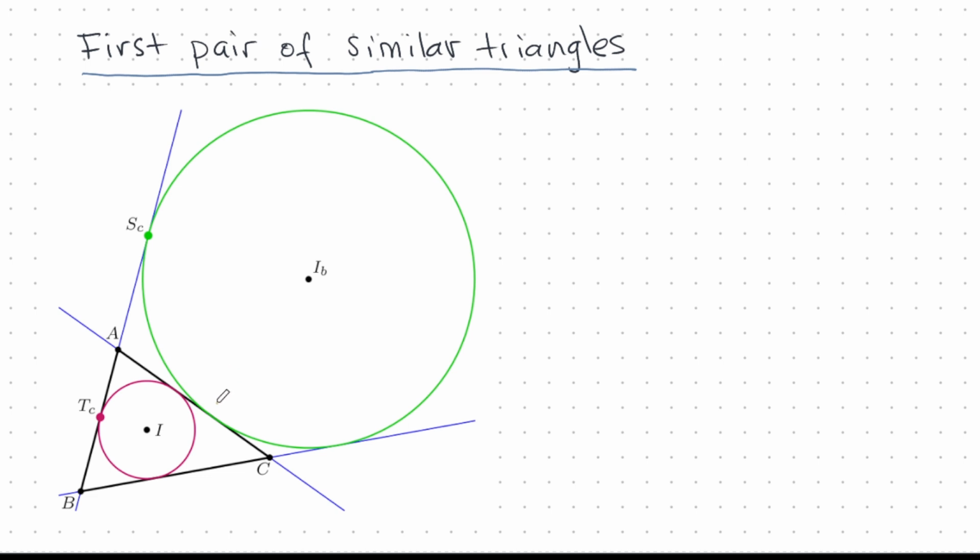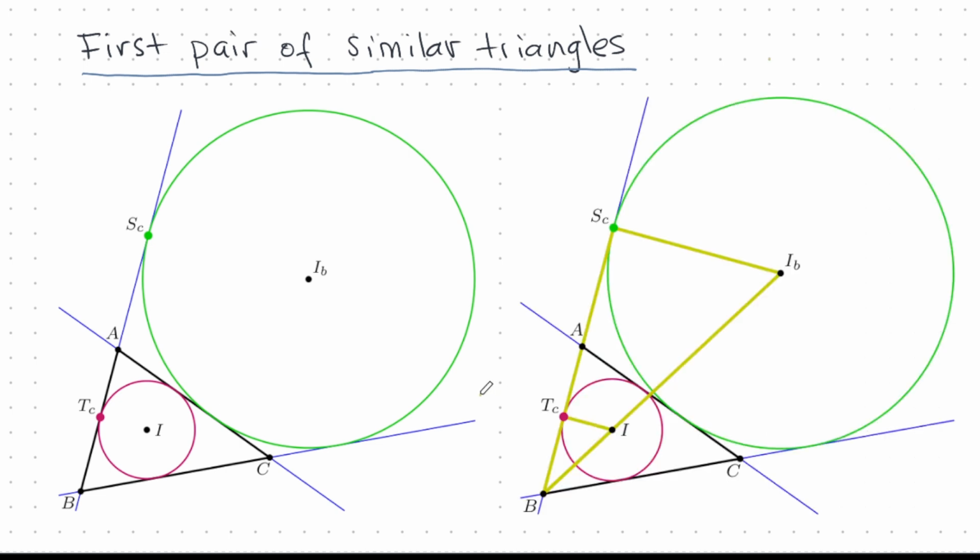But let's see if we can find the first pair of similar triangles. Of course we can. Here they are. Let's have a look. So the big triangle here is obviously similar to this triangle.